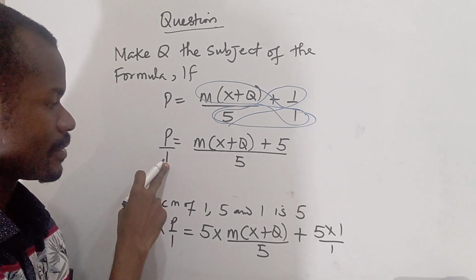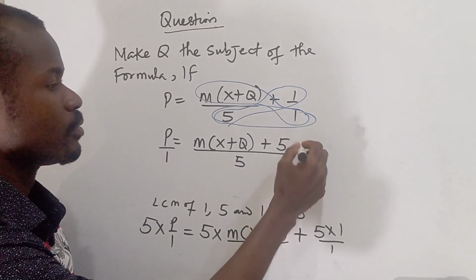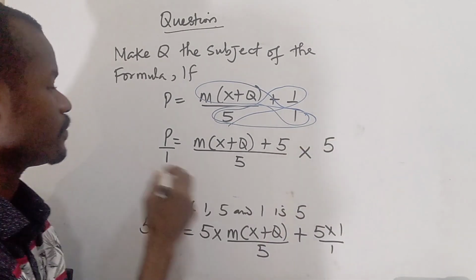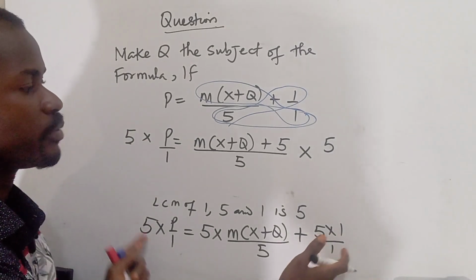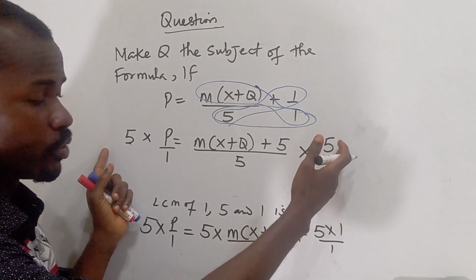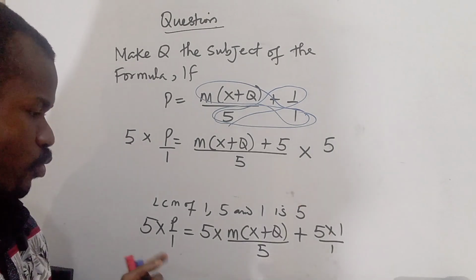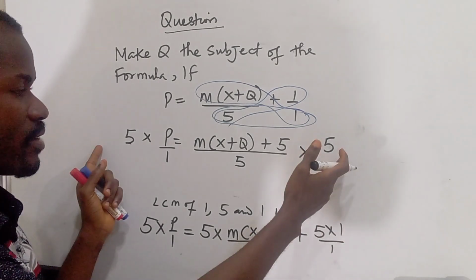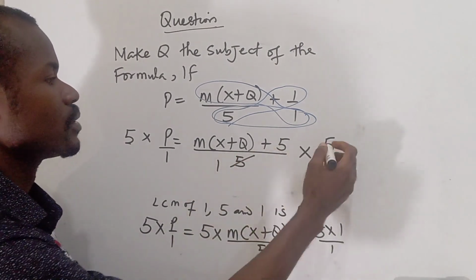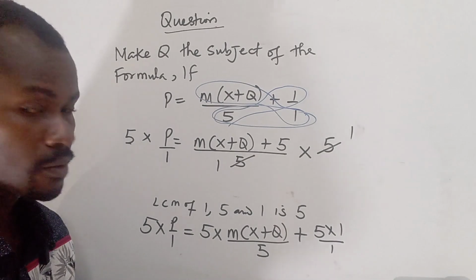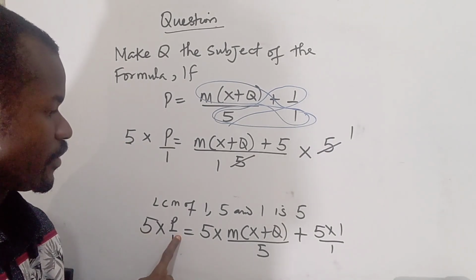Now from this point, I can decide to bring over 1 here, and we can now see that the LCM of 1 and 5 is still 5, right? So I can multiply both sides by 5. So you have this expression or this expression to work, but let's work with this expression, because if we work on this, we're still going to arrive at this. So this is going to cancel this, 1, 1. So we are left with 5 times P, like we have 5 times P here.